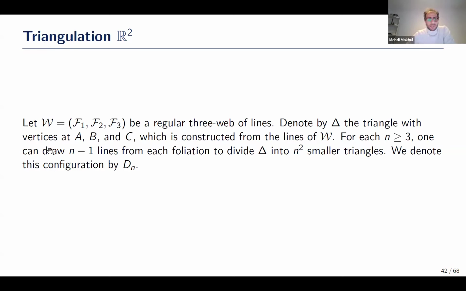So suppose that I have a 3-web in the plane, which is a regular web, and I denote by delta a triangle with vertices A, B, C, which is constructed by lines in these 3 families of lines. So maybe I show this picture. Now I choose, for any n bigger than or equal to 3, n minus 1 lines from each family or each foliation to divide this triangle into n squared smaller triangles.